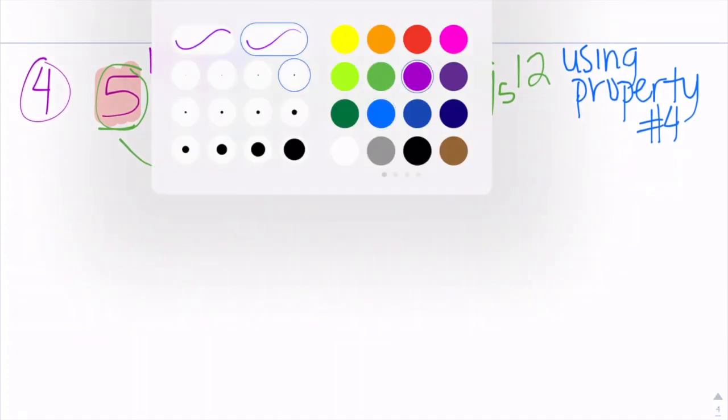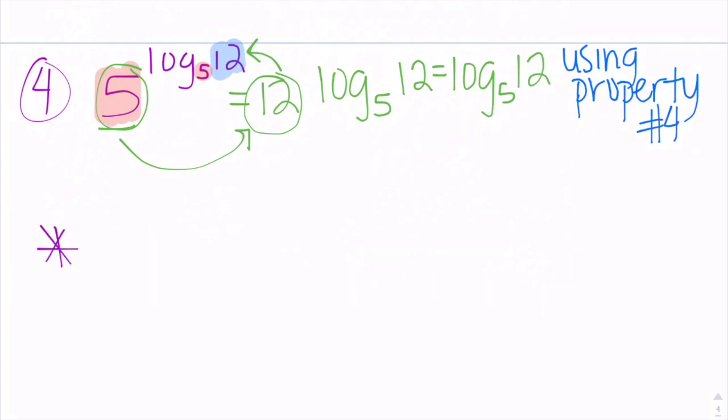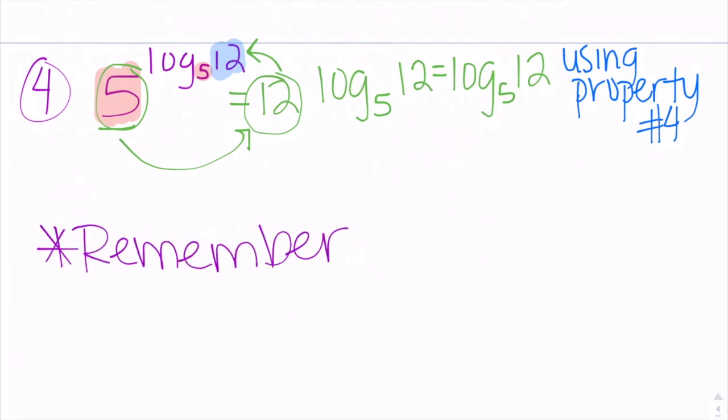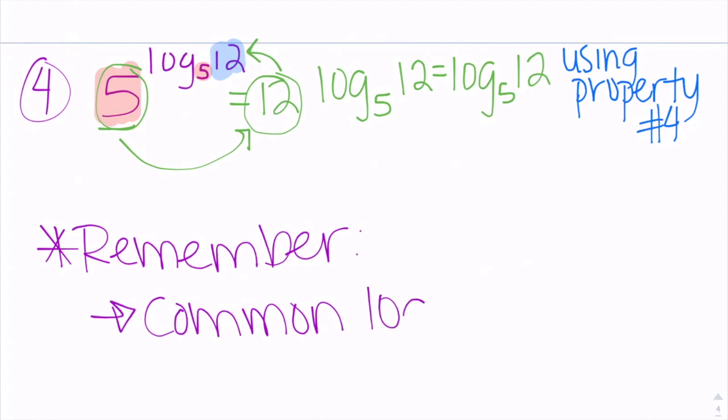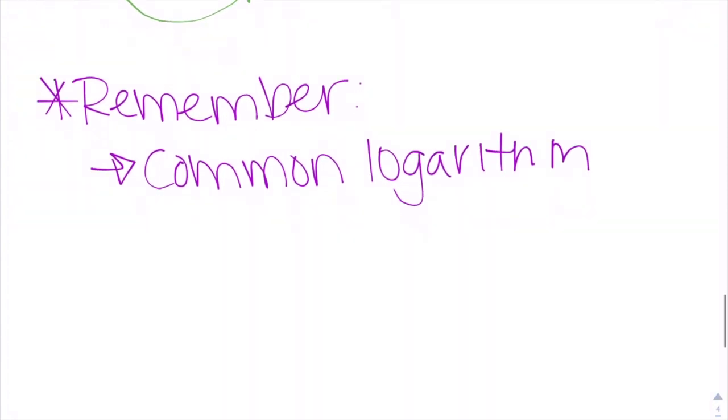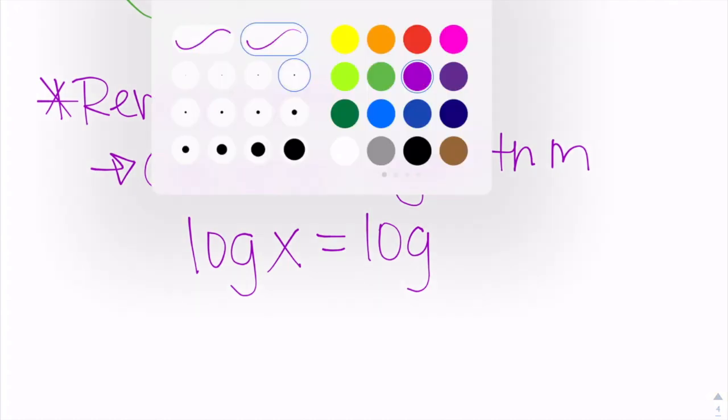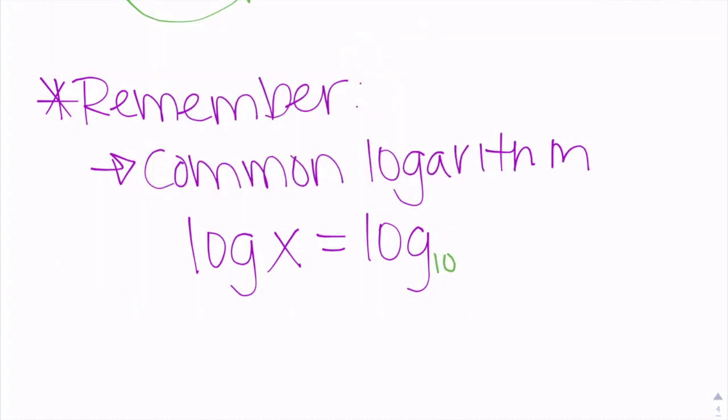Then just some reminders for you, so make sure that you remember these. You have a common logarithm, which we talked about earlier: log of x is equal to log base 10 of x.